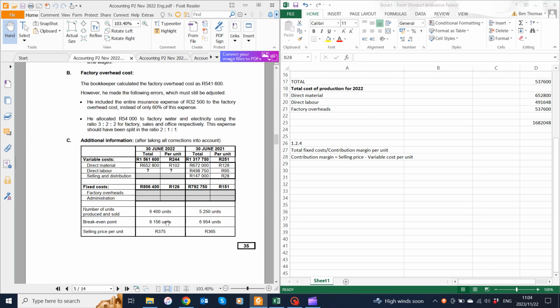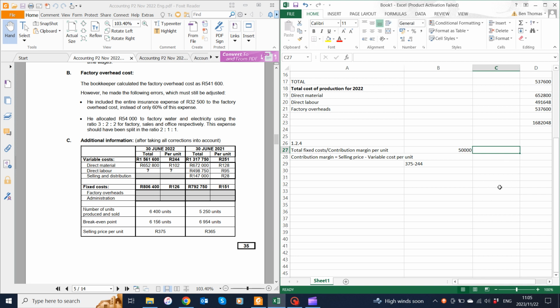So we're going to look down here. There's your selling price per unit. It's 375 minus variable cost per unit 244. Okay, that's going to give us the contribution margin, and your total fixed cost was given as the profit of 50,000.